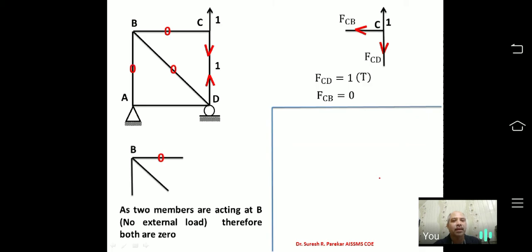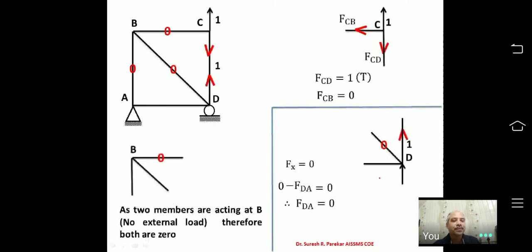Now our remaining force is DA only. So you consider joint D and apply again Fx = 0 and Fy = 0, and applying this we get the force in member DA, which is again equal to 0.